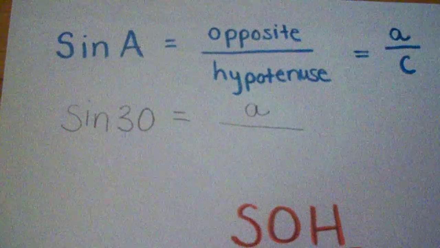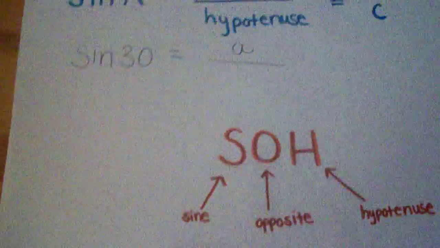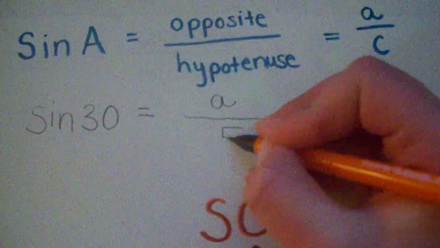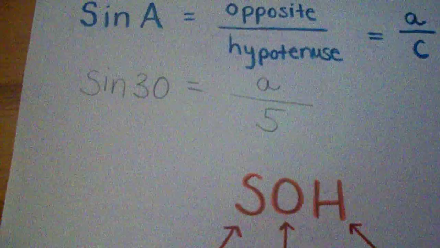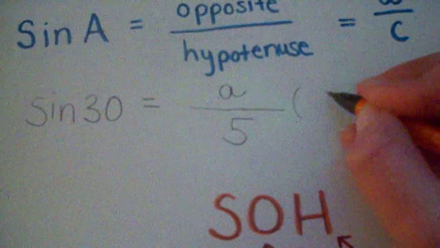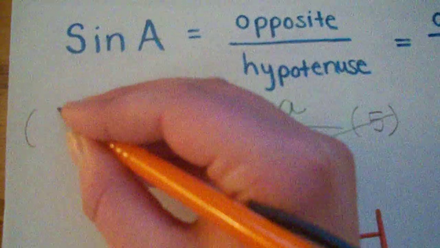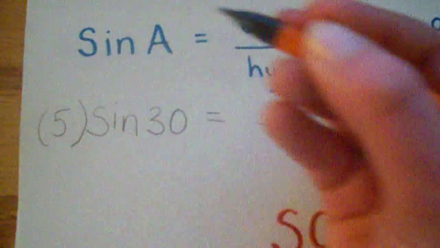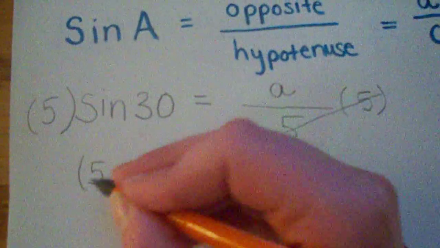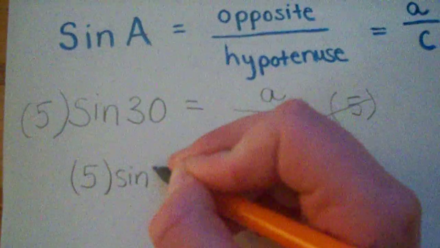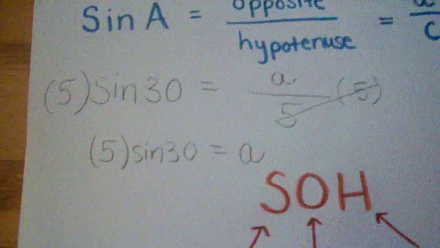Then we will divide that number by 5, which is the length of the hypotenuse. Multiply each side by 5 so the 5's cancel out. Now we know that side A equals 5 times the sine of 30, and we will know the opposite side to angle A.